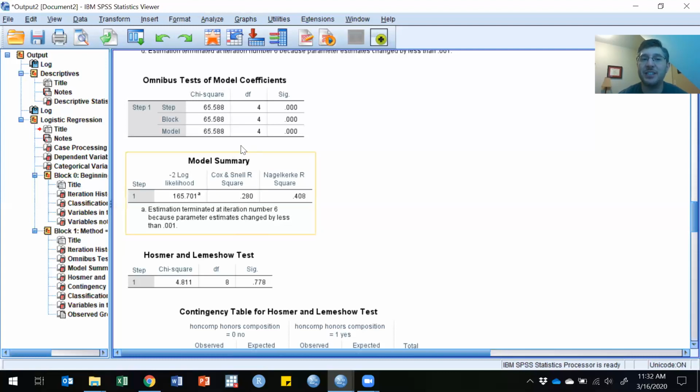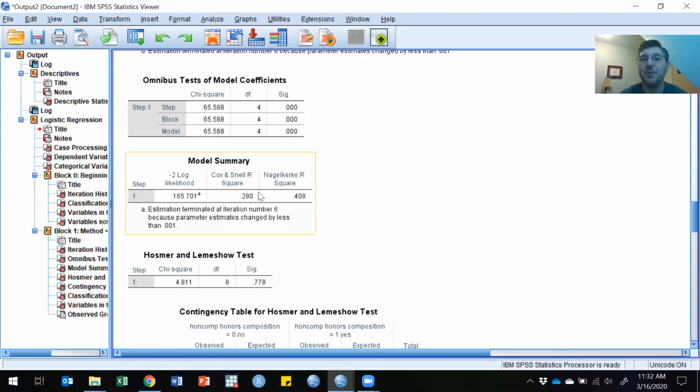The Cox and Snell has a limitation that the maximum value cannot be 1. Nagelkerke is basically a correction to that. McFadden's R-square I'll show you how to calculate in the notes. It's a correction for sample size, but then it has a limitation that its maximum value isn't 1.